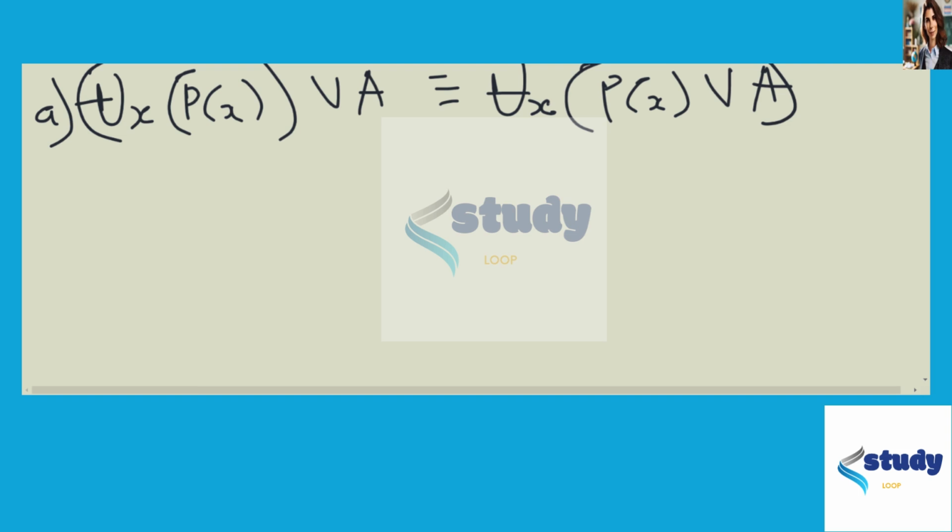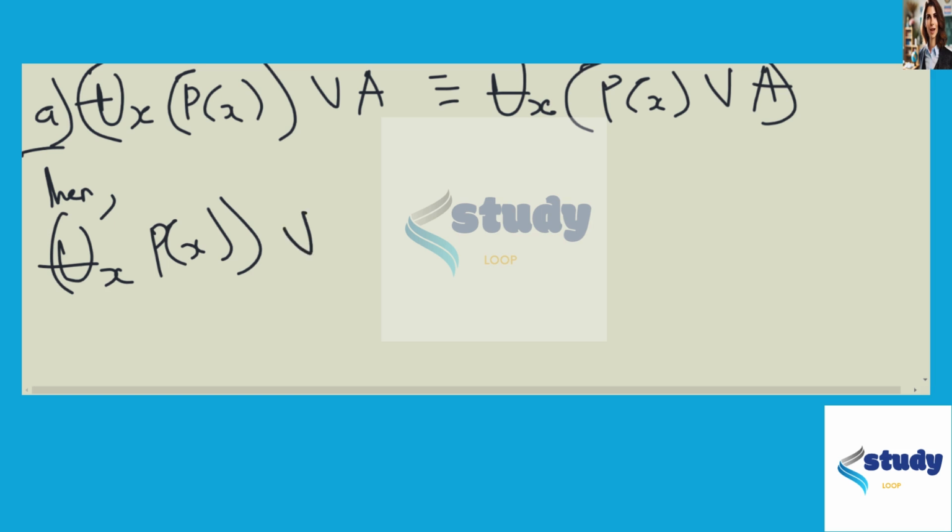So here, two cases are there depending on whether A is true or false. Now we're going to consider the first case where A is true. Then for all x, P of x disjunction A will be true.